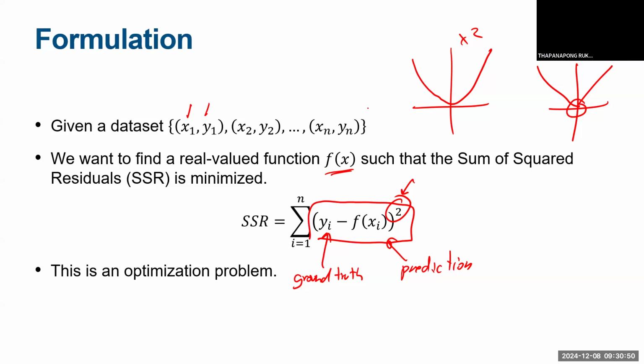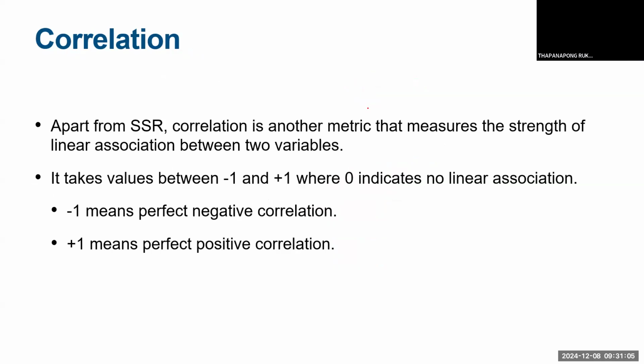And when you get the answer, you get A and B, and then you want to convince someone that this is the best A and B. So there are measurements that you can use to convince.